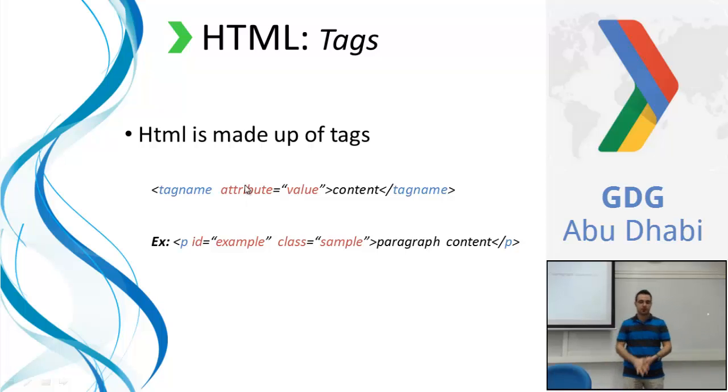We'll go through some of these attributes. Here, for example, we have the tag P, which stands for paragraph. It has an attribute of ID with the value example, and a class with the value sample, and we can find its paragraph content.